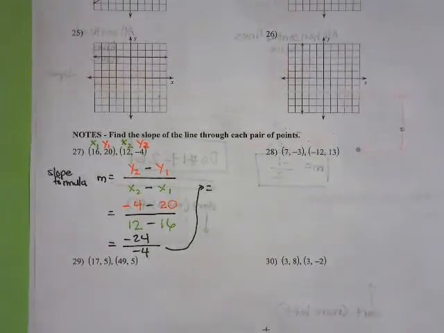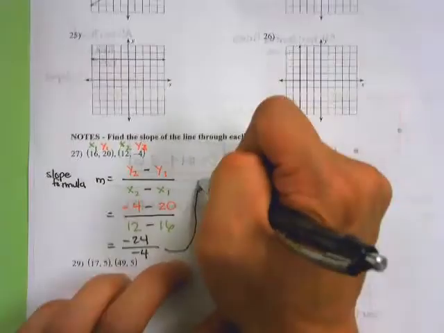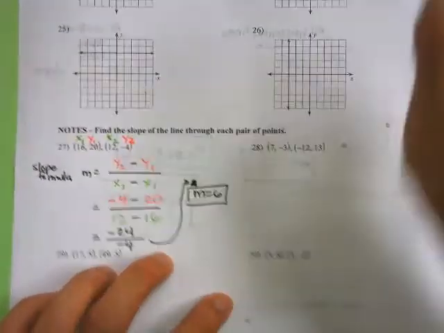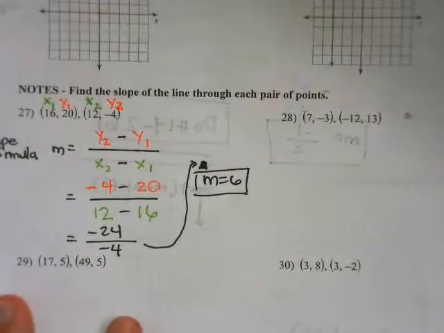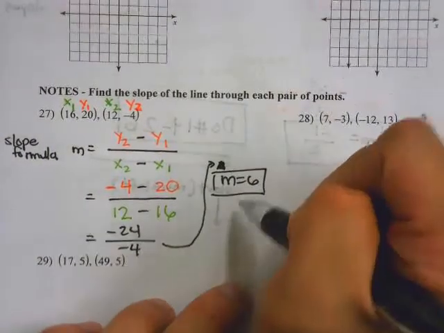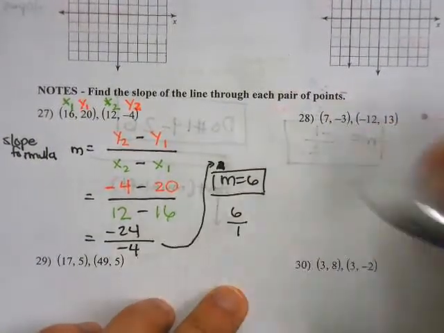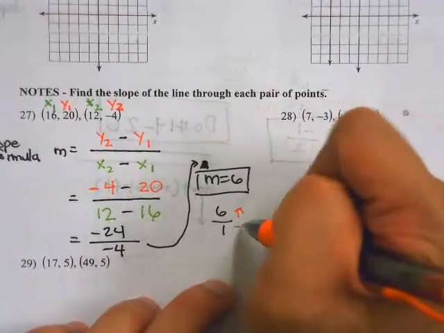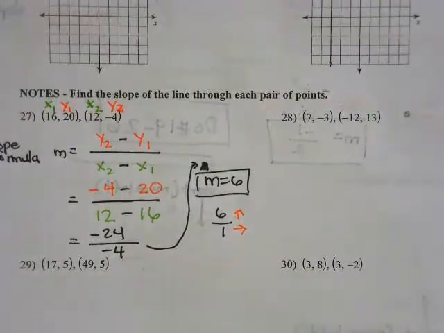So please be careful. Oh, I don't have space, sorry. M is equal to 6. On a side note, what this means is if you were to graph this specific line, you're going to go 6 up, 1 to the right. M value of 6.